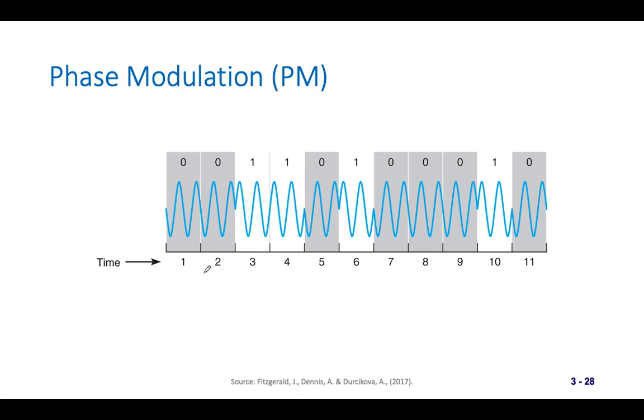Okay? So if you are sending 0, keep going as you are. However, every time you try to send a 1, here it is, this is 0, 0, and everything goes smoothly like this. Keep going, keep going.